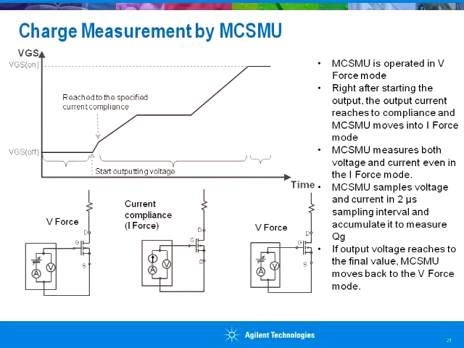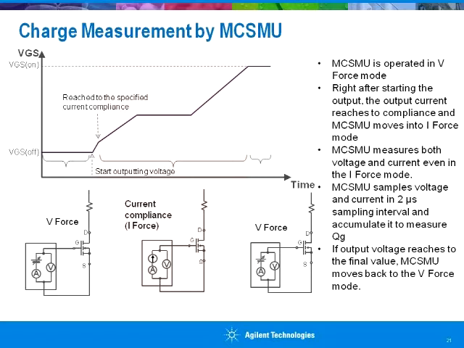When applying gate voltage to charge the gate capacitance, the SMU reaches the specified compliance. At the compliance, MCSMU moves to the I force mode, constant current mode, instead of the voltage force mode.